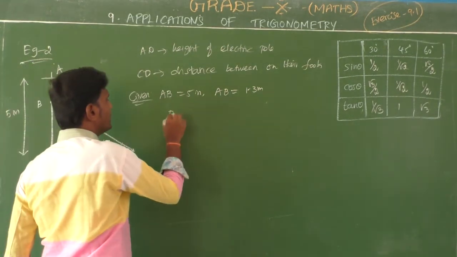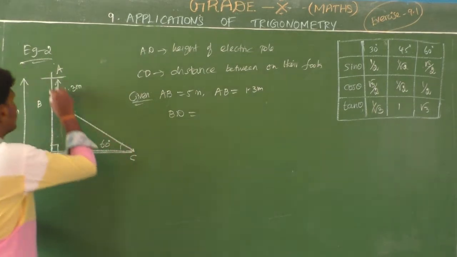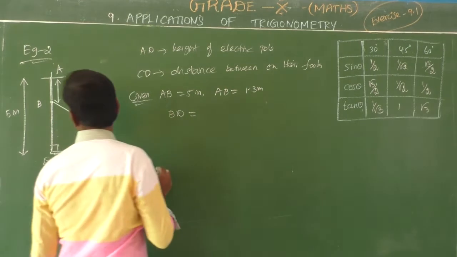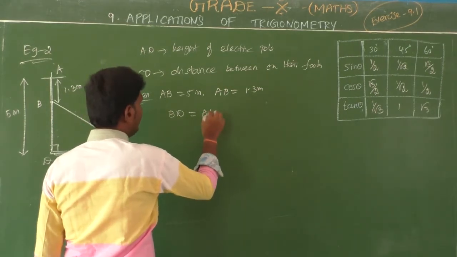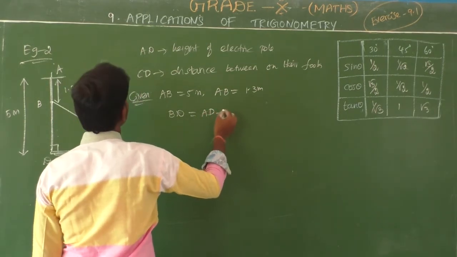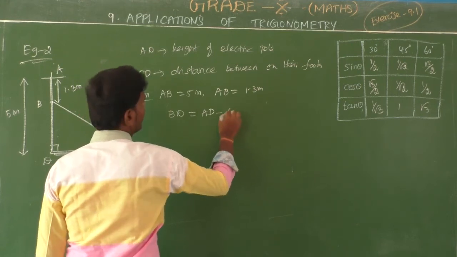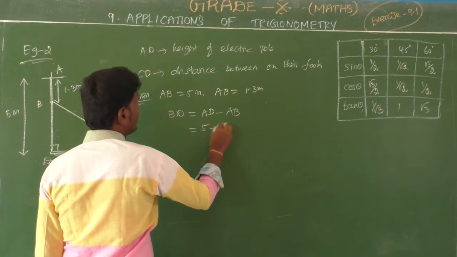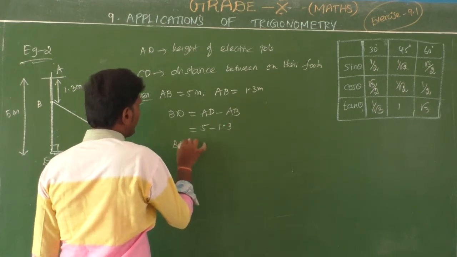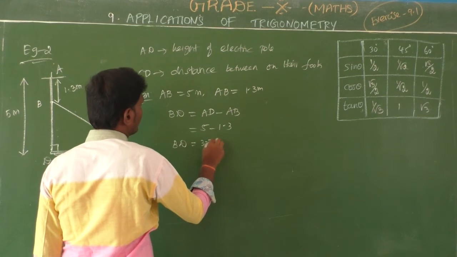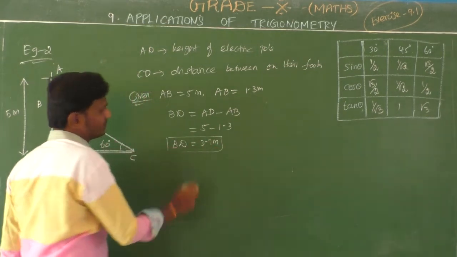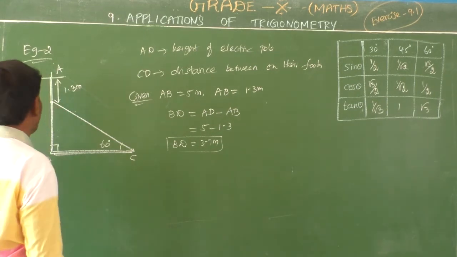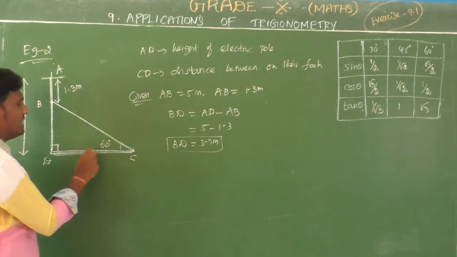BD is equal to the total height of the pole subtracted by the placed point, so AD minus AB. AD is 5 meter minus 1.3, so BD is equal to 3.7 meter.